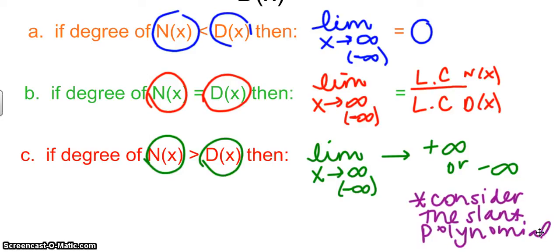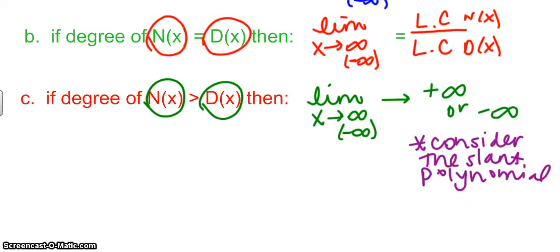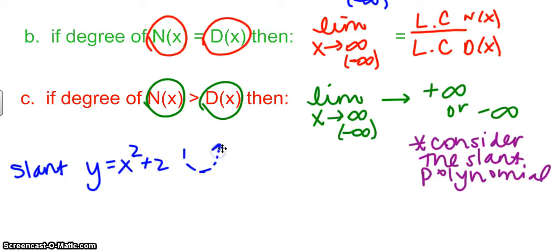You have to think about the polynomial that you came out with as a slant asymptote. Let's say your slant asymptote was the line y equals x squared plus 2. Well, x squared plus 2 looks like a parabola opening up. So our function, as the limit went to infinity, would be going to infinity, and as it went to negative infinity, would also be going to infinity.